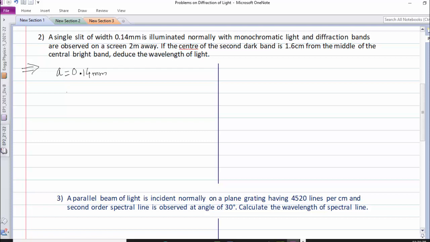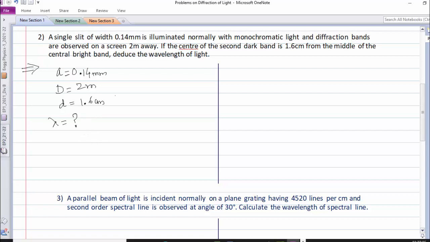The distance between the slit and the screen is given, so let us indicate that as capital D, that is 2 meters. And the center of the second dark band is 1.6 centimeter from the middle of the central bright band. Indicate it as small d, that is 1.6 centimeter.